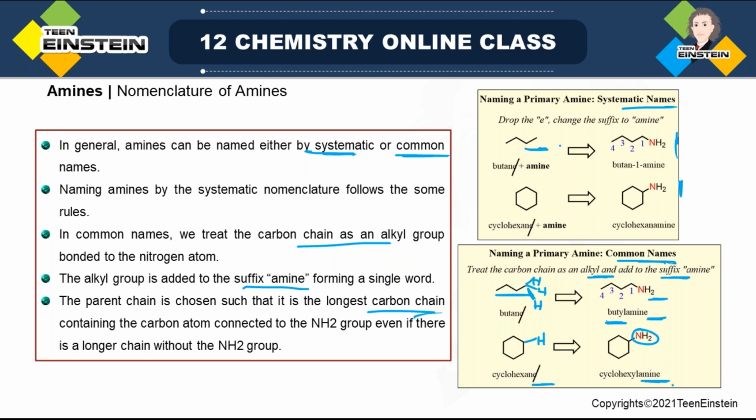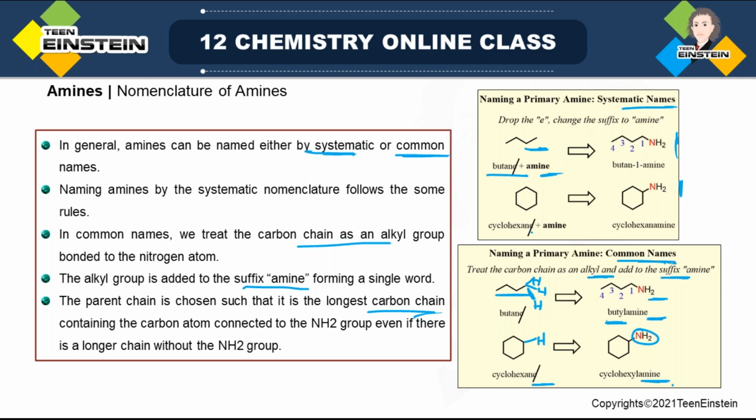So this is the simple hydrocarbon, the parent hydrocarbon, from which by replacing H you get the amine. The spelling is butane, but when you add the suffix amine, this E will be removed. The name will be butan-1-amine, because the position of amine is 1.